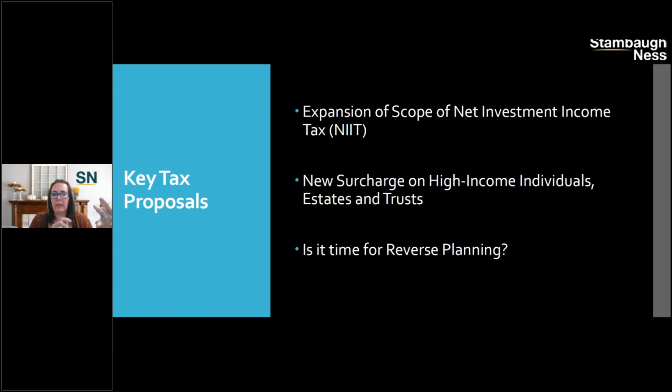So anything passing through from an S-corp, partnership, any pass-through entities, which might not sound like a lot, 3.8%, but if you're passing through a decent amount of income, that's just another 3.8% of taxes that you would have to pay. Where we see that it will really impact individuals is the potential sale of a business.